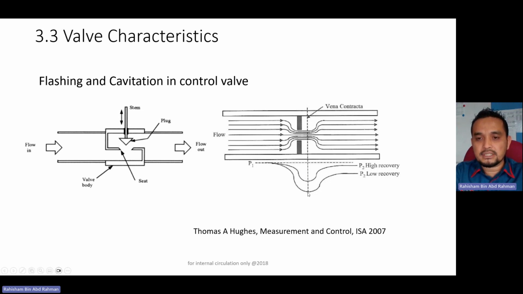Okay, so we will reach the minimum, and then this pressure will regain, and probably it will regain up to a maximum value, P2, the highest. And this can be the lowest possible, which is P2 low. So we will have either high or low, and it will never reach the original level of P1.